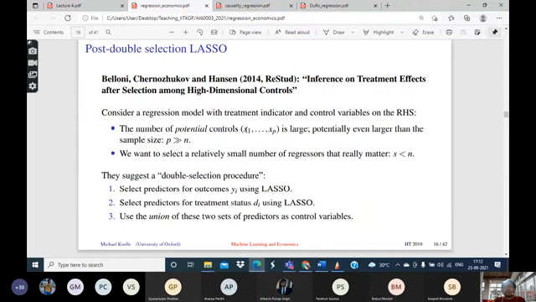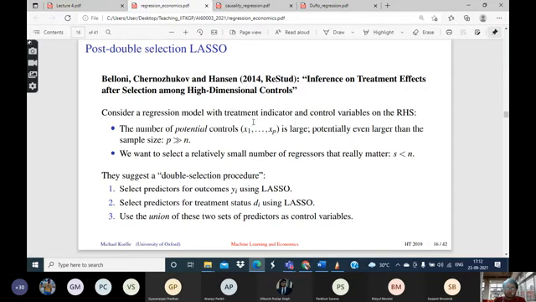So what are the controls? Whenever we are studying any kind of economic problem, there is something which we are trying to measure. We'll see some examples of this in today's class also.